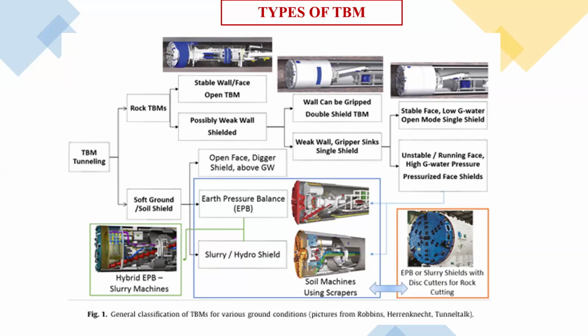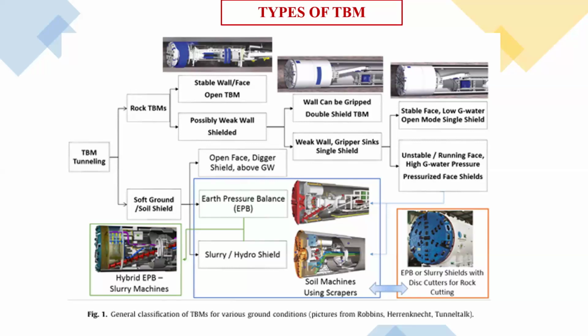In an earth pressure balance machine we expect that the ground can be stable by some sort of means, because we can apply a minimum face pressure or some sort of bentonite. But slurry or hydro shield is only applicable when the stratum we are working in is highly permeable ground or the groundwater condition is very high, so the ground can be flowing.